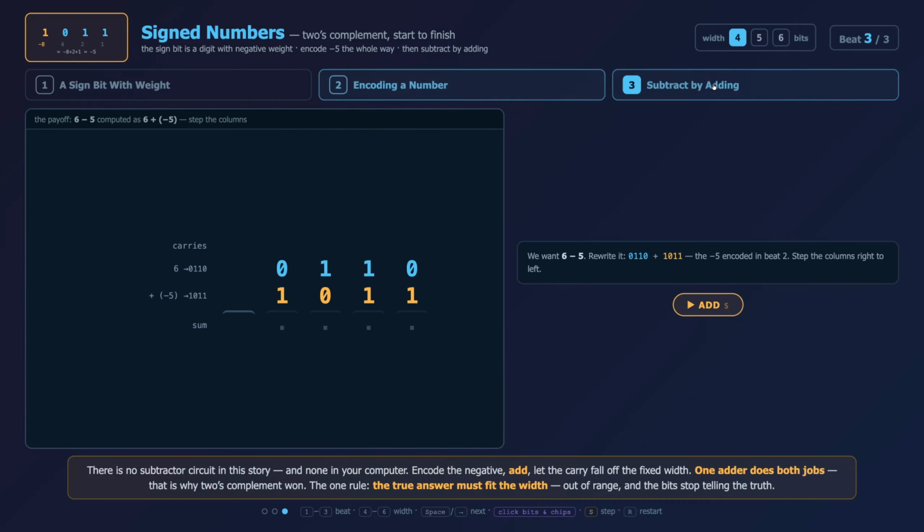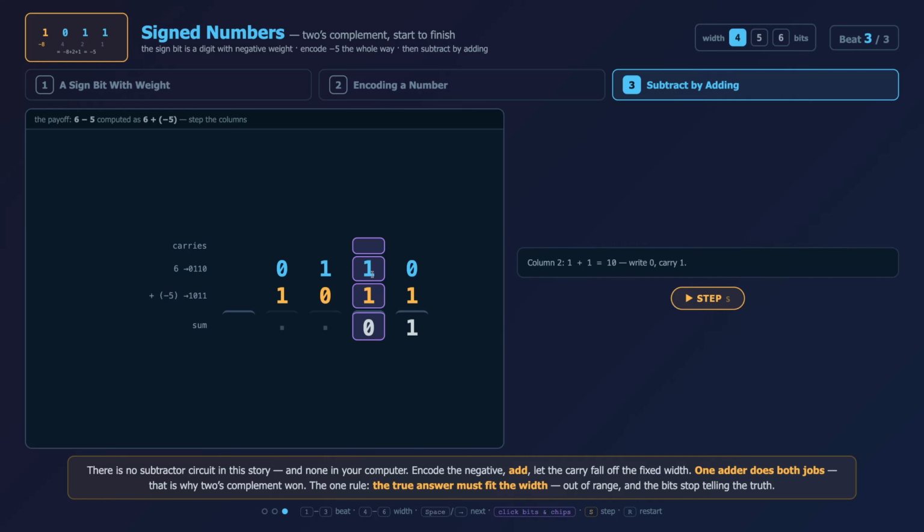Okay, so again, just to reinforce the point, one of the reasons that we like 2's complement is that we can do subtraction. Subtraction is built into the representation, and we can do subtraction with addition methods, with an addition circuit. Okay, so in this case, if I added these together, 0 plus 1 is 1. You don't have anything to carry. 1 plus 1 is 0, carry the 1.